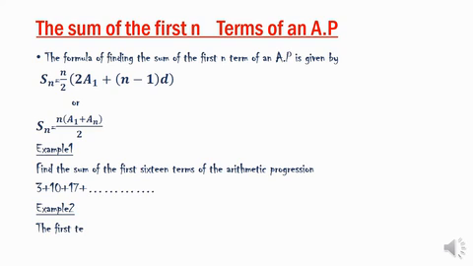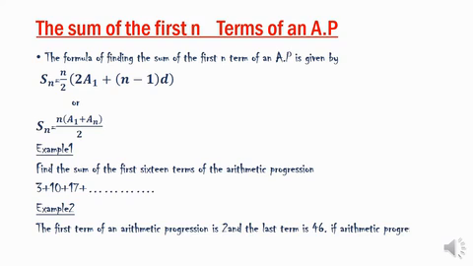Example 2. The first term of an arithmetic progression is 2 and the last term is 46. If the arithmetic progression consists of 23 terms, find the sum of all the terms. Term ya kwanza umepewa na last term thamani yake unayo.